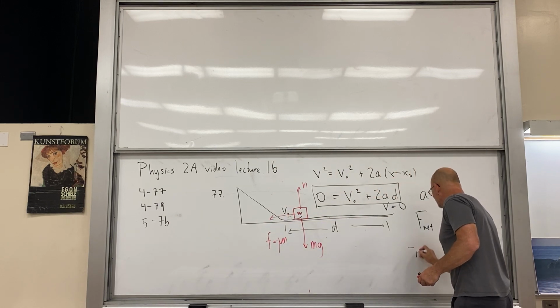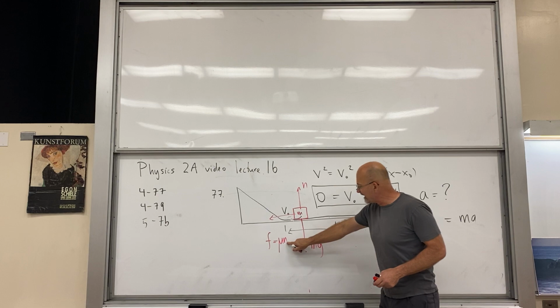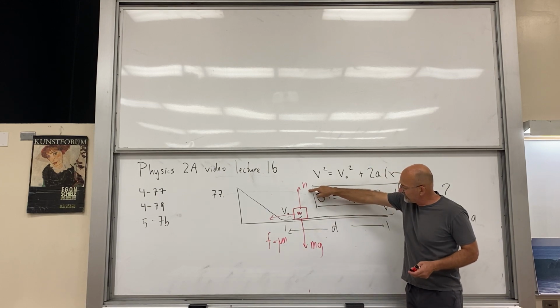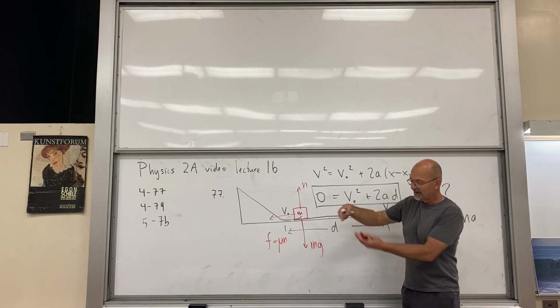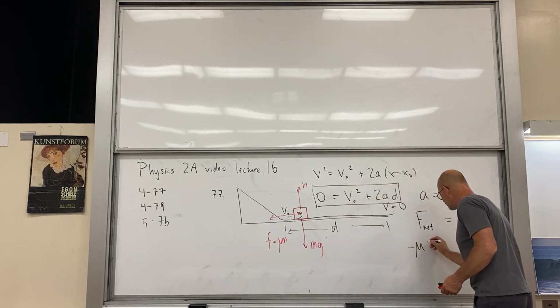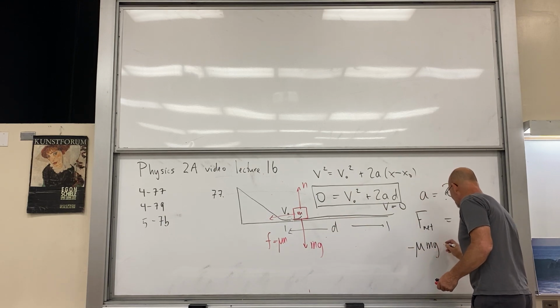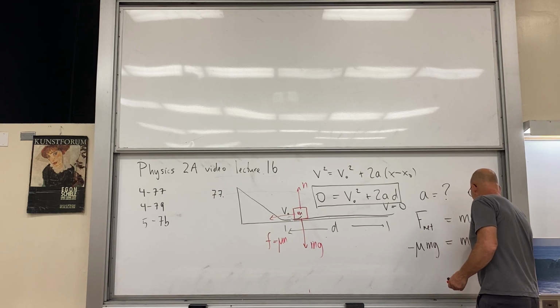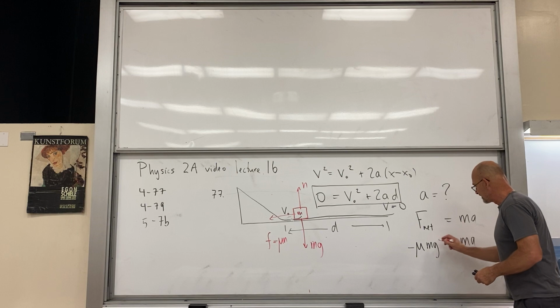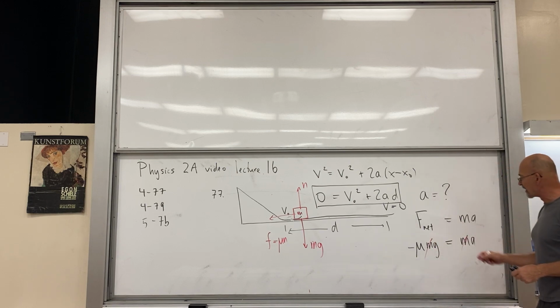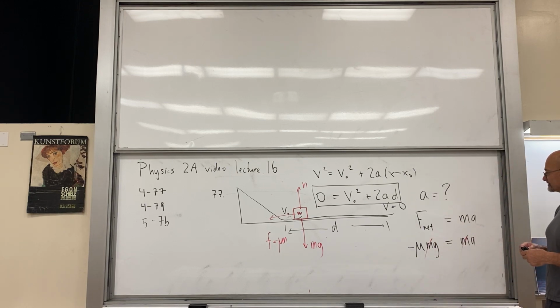It's minus mu times N, but we know from this set of vectors that N is just equal to mg, equal and opposite, so minus mu mg equals M times A. So now we know that acceleration is going to be minus mu times g.